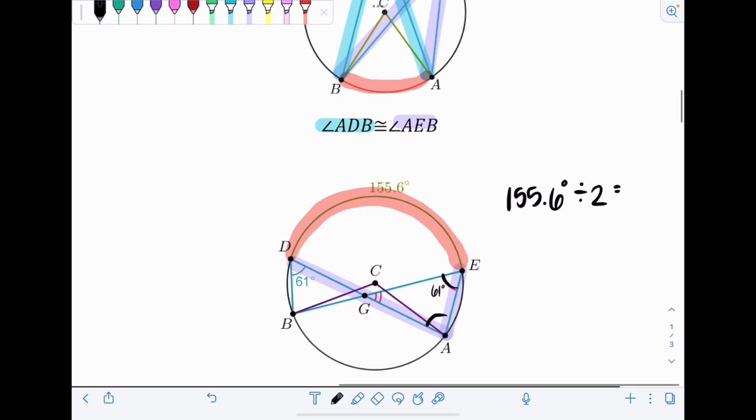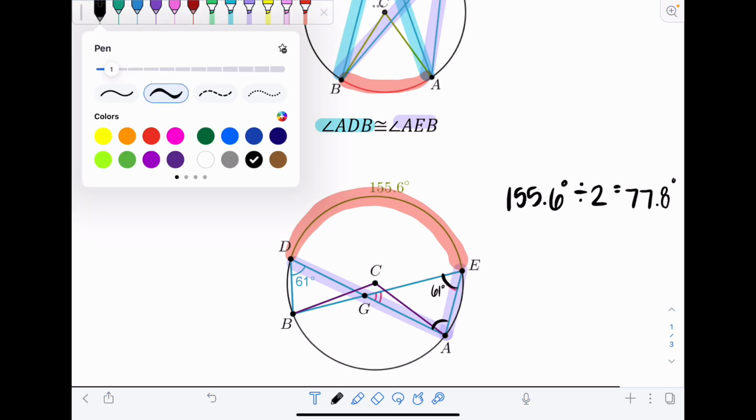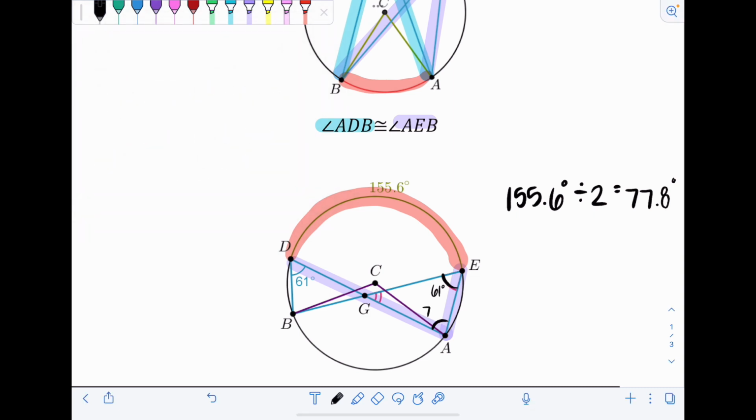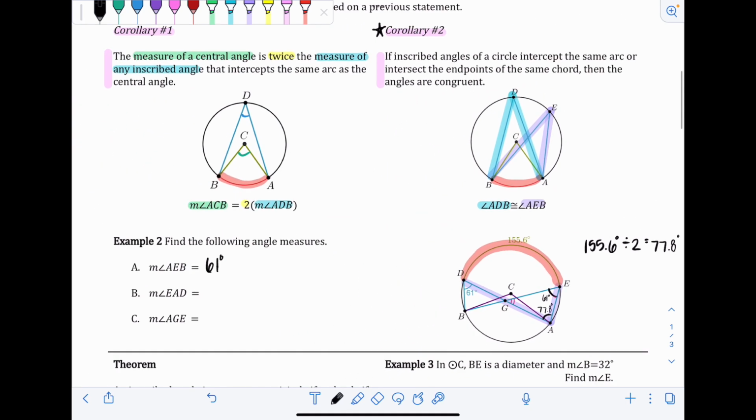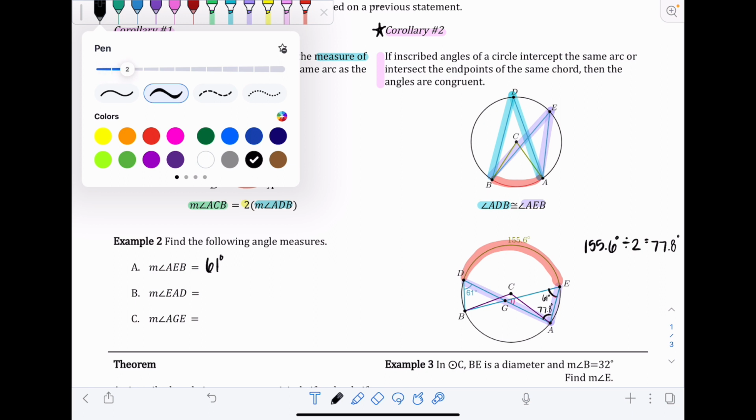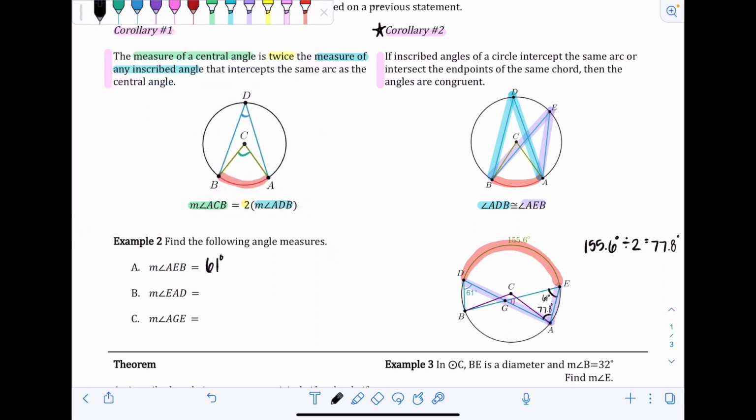So this would end up being 77.8 degrees, and that's this little angle inside here. I'm going to write it kind of small in there so we can see it. So this is 77.8 degrees. The measure of angle EAD is 77.8. I know I've said that like 5 times now, I'm sorry.